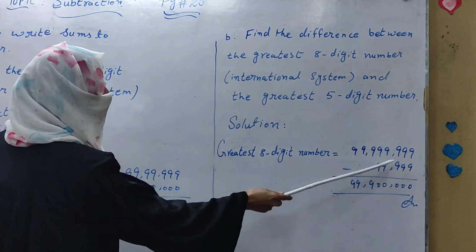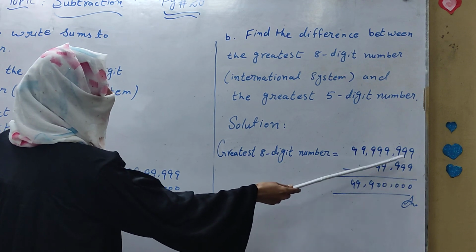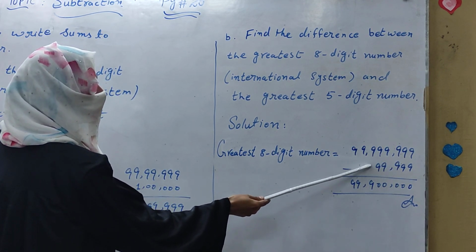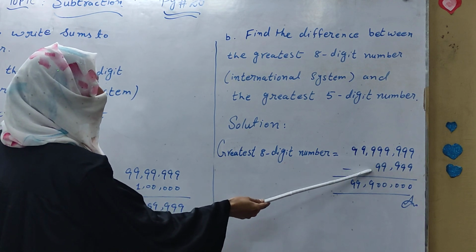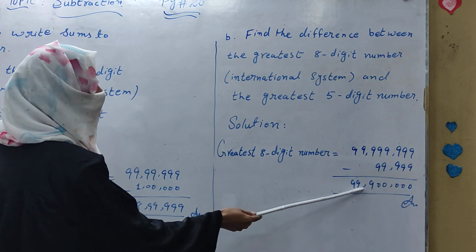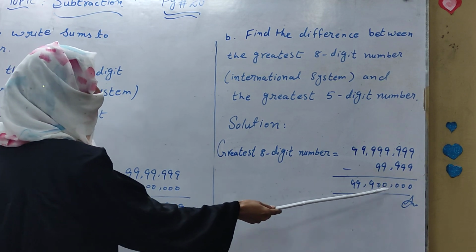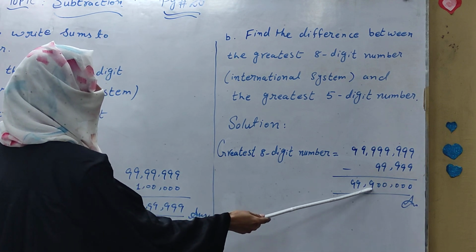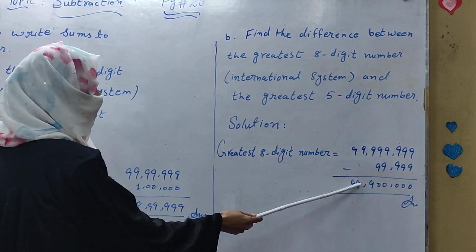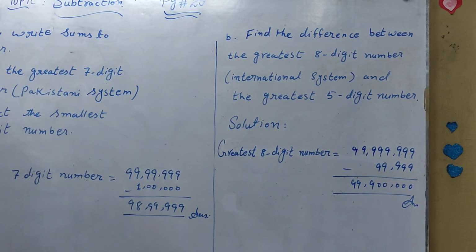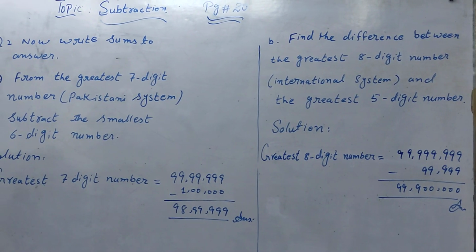So subtract these numbers. 9 minus 9, 0, 9 minus 9, 0, again 9 minus 9, 0, 0 and then 9. After this 9 you have no more digits, so write these 3 nines as they are and put commas according to the international system. So we have ones, tens, hundreds, thousands, ten thousands, hundred thousands and then million, ten million. So 99,900,000 is your answer.